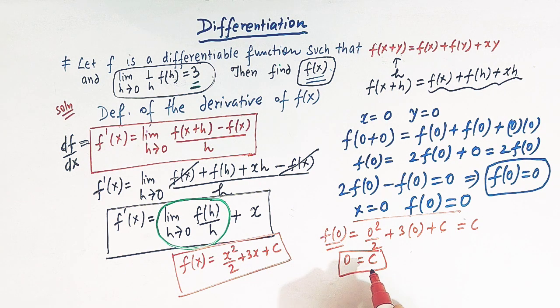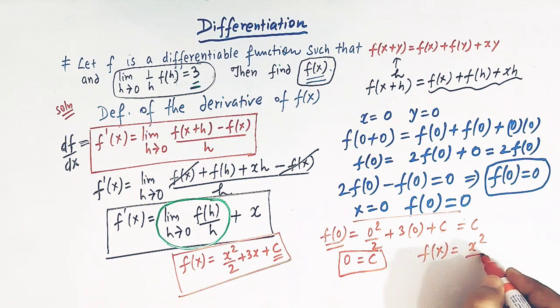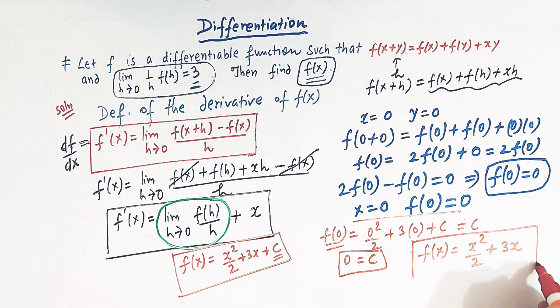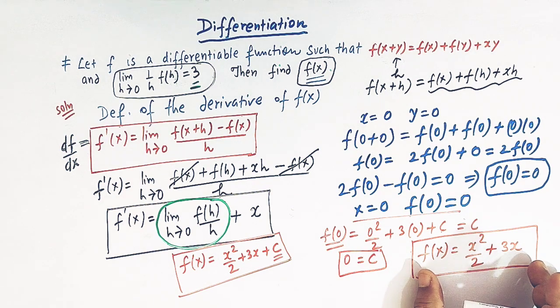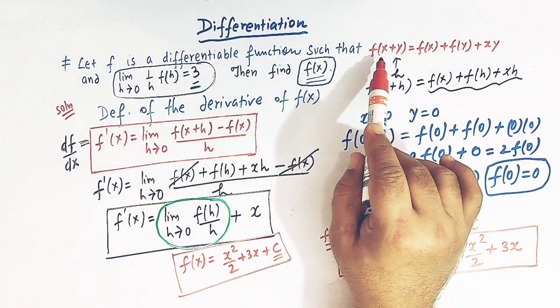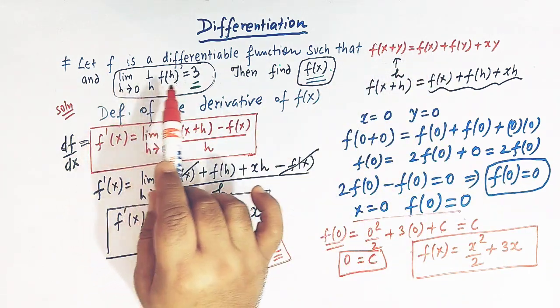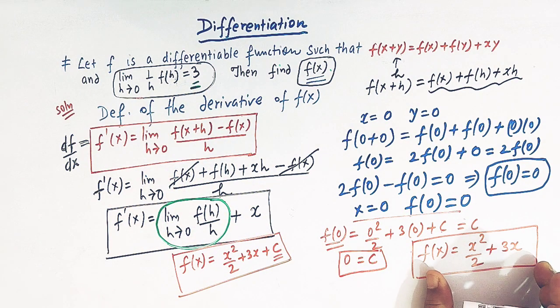Now taking this value of c as 0 in this equation, we have f of x is equal to x square over 2 plus 3x, because the value of c does not contribute. So f of x is a quadratic, polynomial function. So the form of the function f of x which satisfies this functional equation and this limit is a quadratic function.